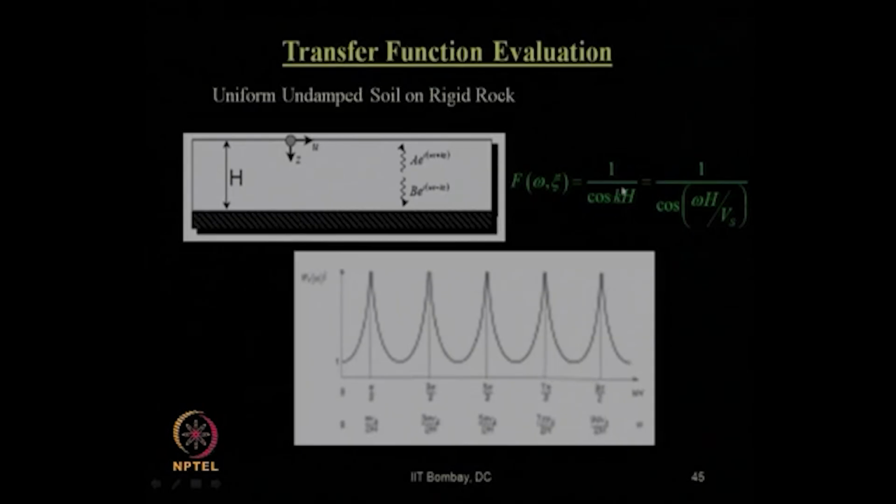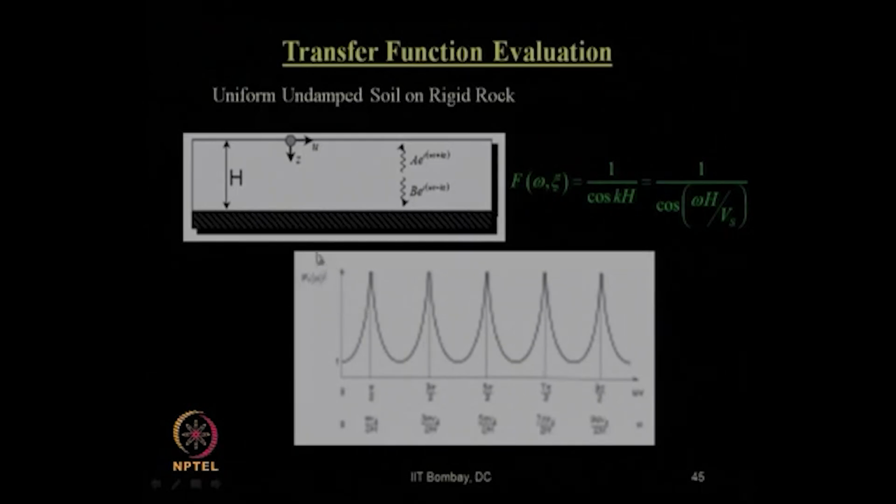We can express it using k is nothing but omega by V s. That is what we defined earlier, that wave number is defined as omega by V s. Clear? So, the transfer function for the undamped case will be 1 by cosine of omega h by V s.